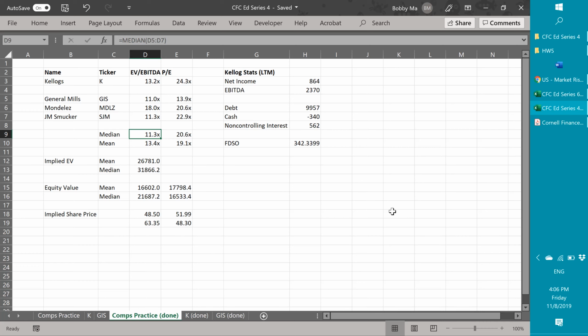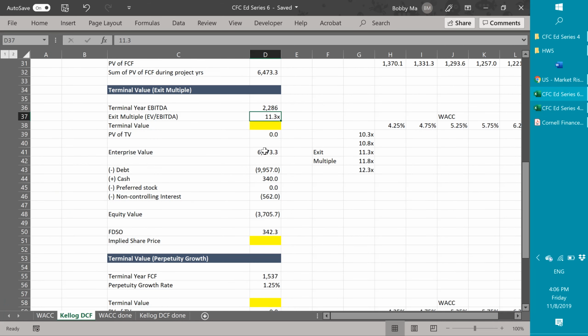So we're assuming that we're going to acquire this company for 11.3 times EBITDA, and therefore we're taking your EBITDA times your EV over EBITDA, and then you get a terminal value of around 25.8 billion.